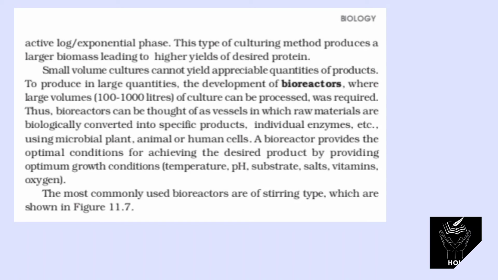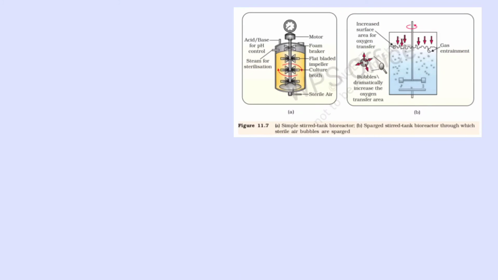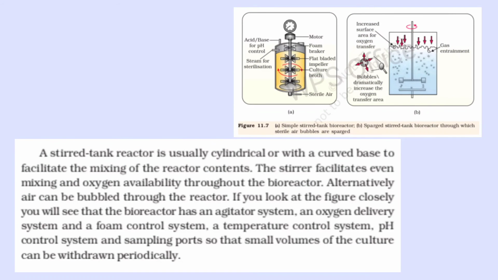The most commonly used bioreactors are of stirring type, which are shown in figure 11.7. A stirred tank reactor is usually cylindrical or with a curved base to facilitate the mixing of the reactor contents. The stirrer facilitates even mixing and oxygen availability throughout the bioreactor.